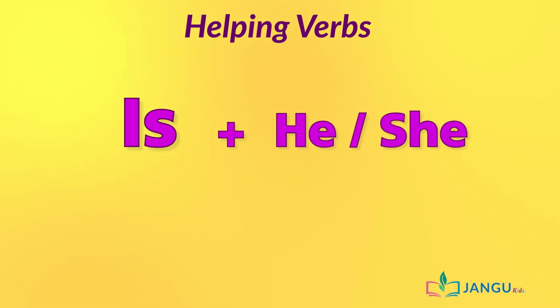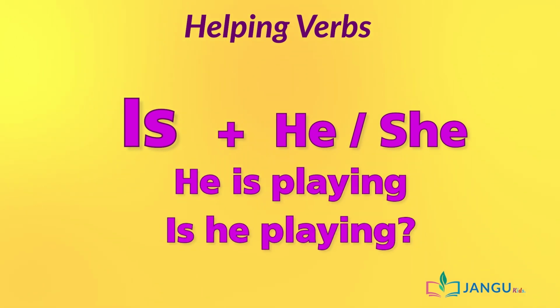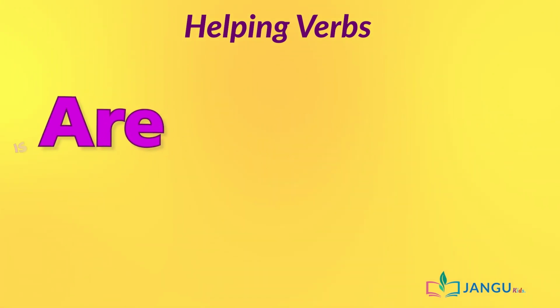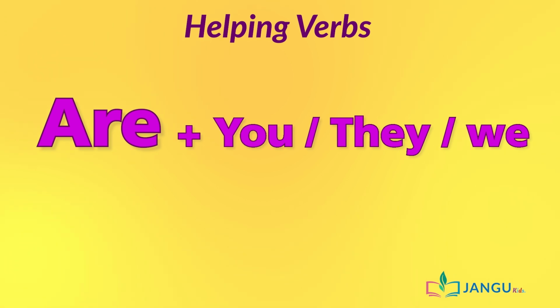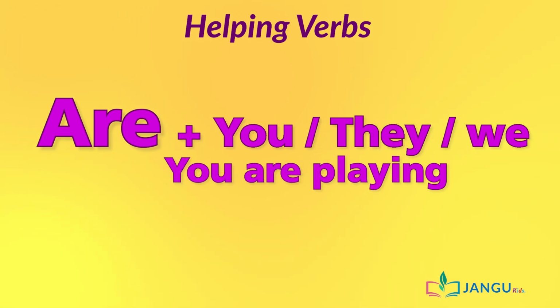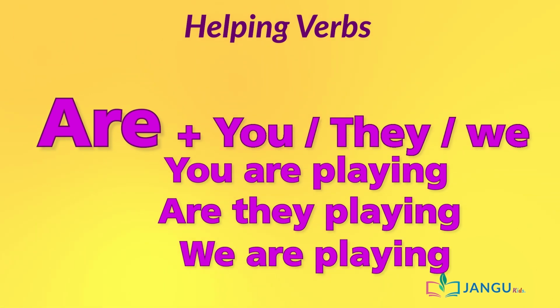For example, he is playing or is he playing? Are is used for other pronouns like you, they, and we. For example, you are playing. Are they playing? And we are playing.